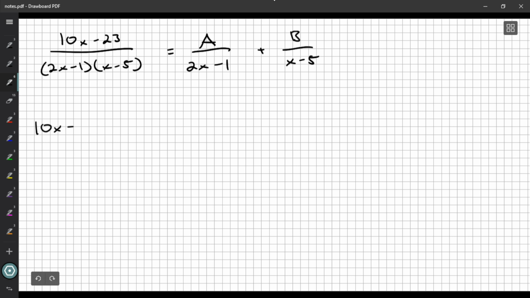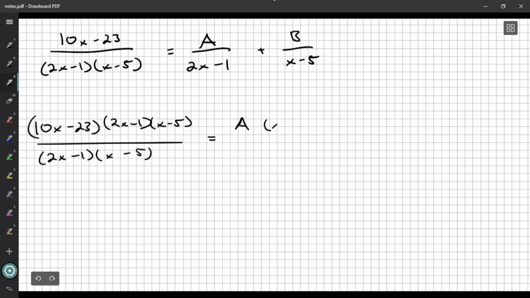Well, I don't usually show it, but the first thing I do is multiply both sides by this denominator. I don't usually show it just because it takes a little while to write out, and it's something that I'm very used to. But you might not be, so we're going to write it out.